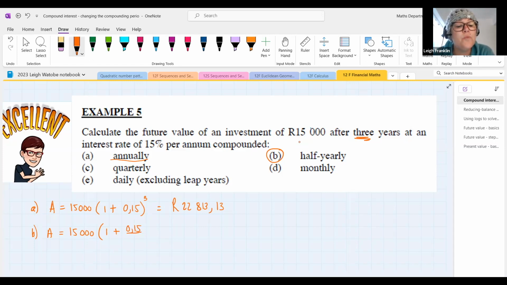Now this we have to divide by the number of times that it is compounded, because it's being compounded twice in a year. Then, because it's 3 years, we have to say 3 times 2 as far as our n is concerned.